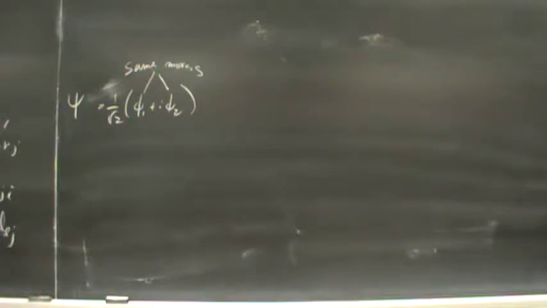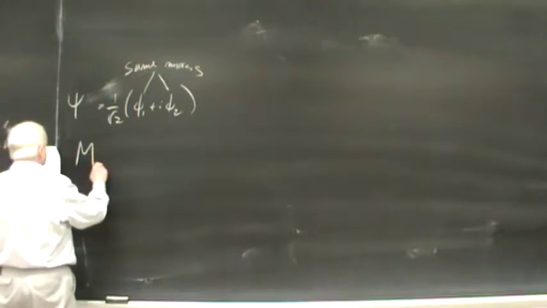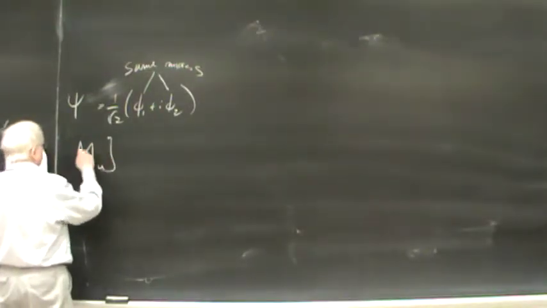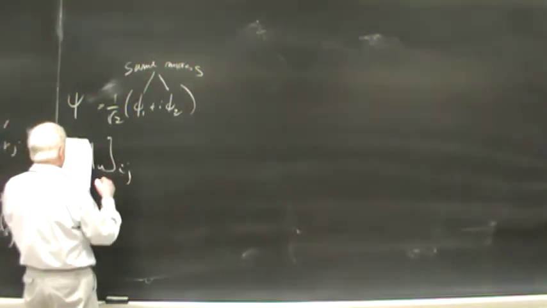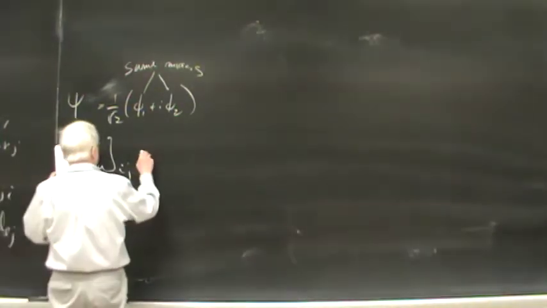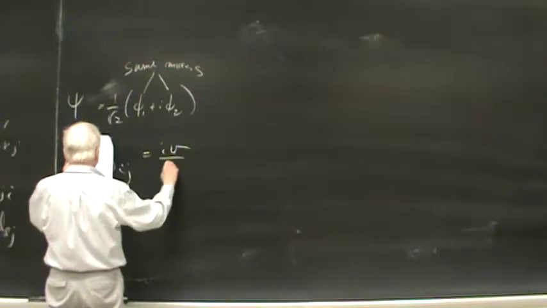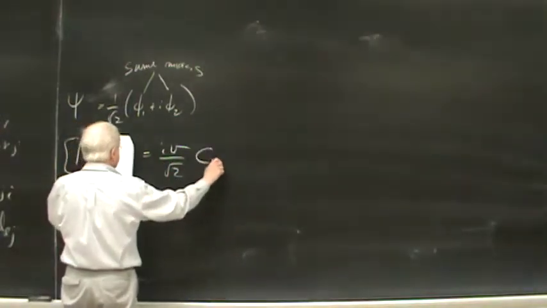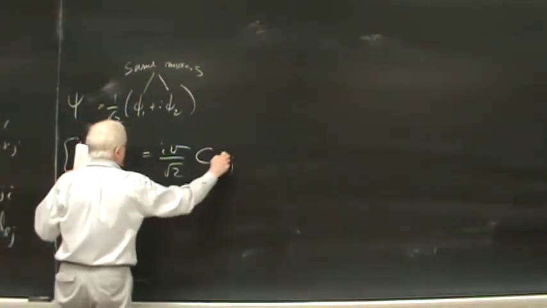All right, and for the up quarks, we have a similar situation. There's an up mass matrix. The ijth element is i v over square root of 2 C_u ij.